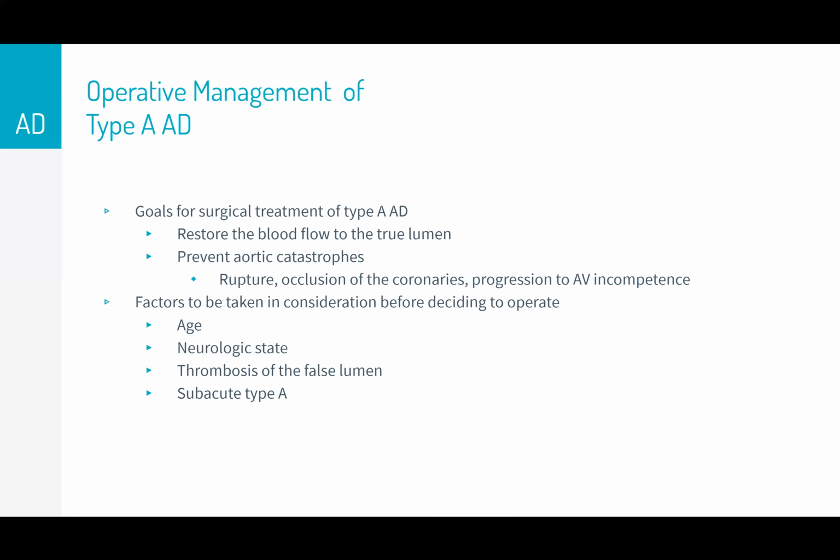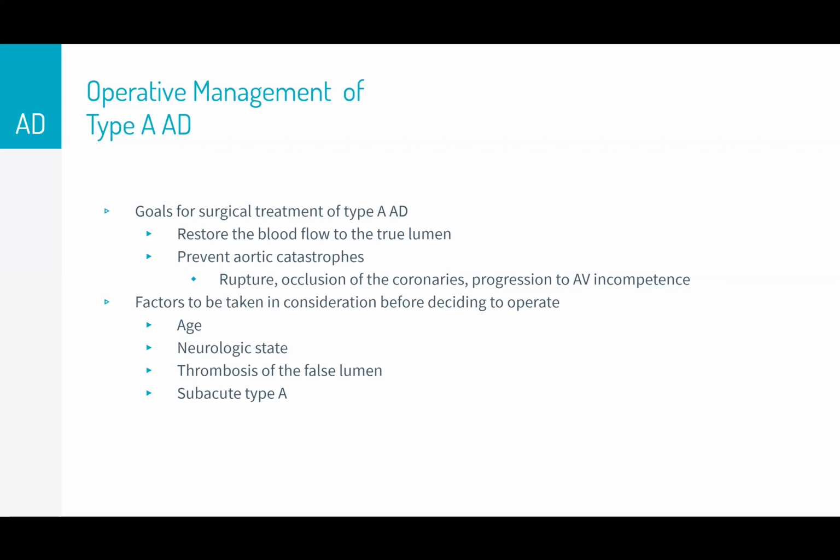The third thing is thrombosis of the false lumen. Let's say you found a chronic aortic dissection type A, and you found the false lumen thrombosed. That doesn't mean it no longer needs an intervention. It needs repair, regardless.